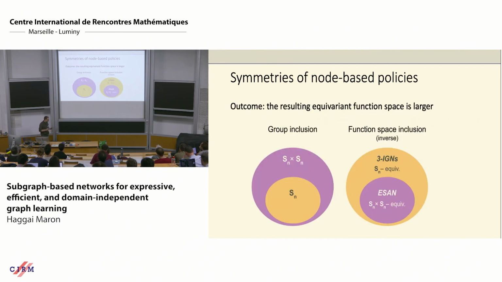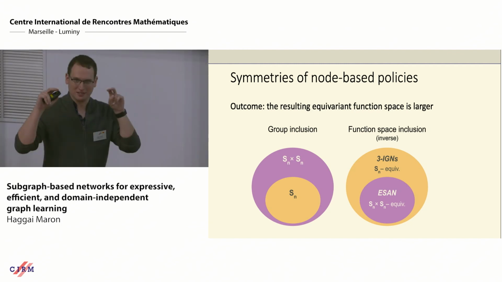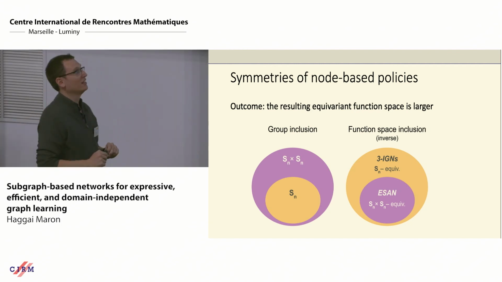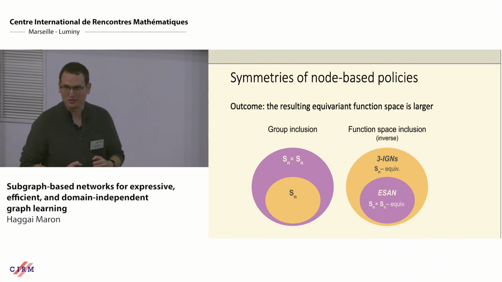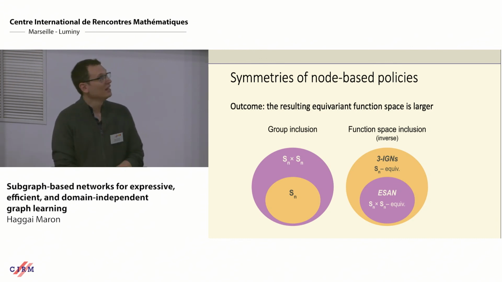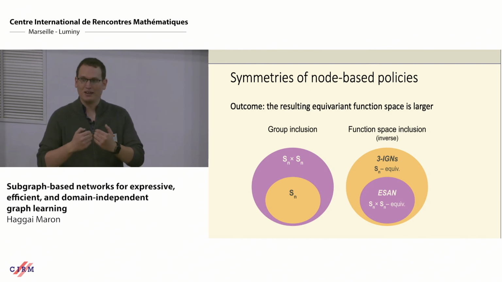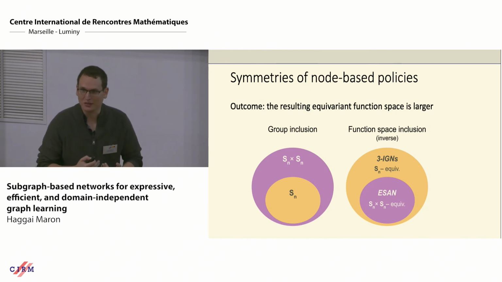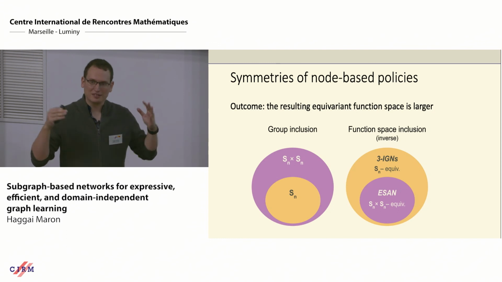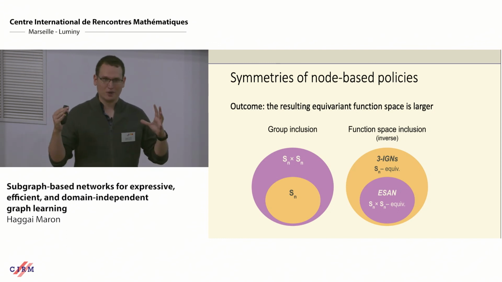Informally, this shows the following nice outcome. So Sn is informally smaller than the product of Sn with itself, and the function space behaves in an inverse way. So if you're less constrained, you're more powerful.